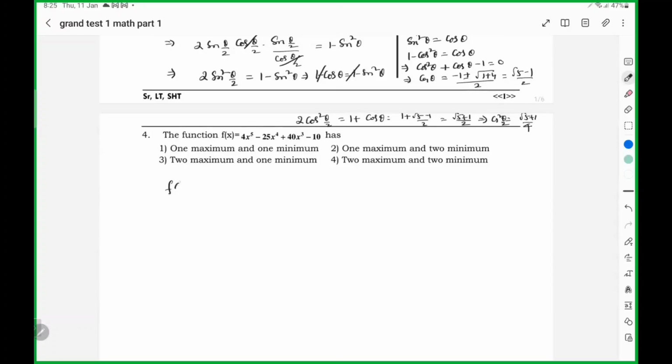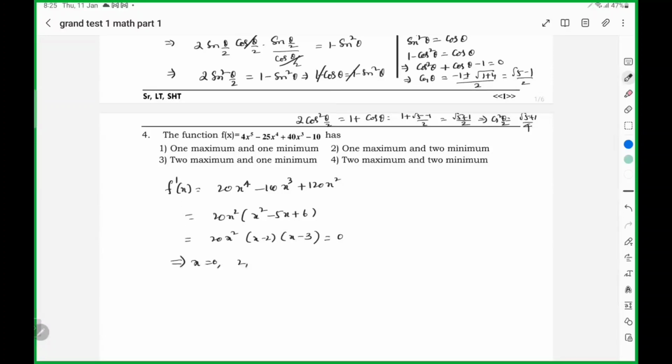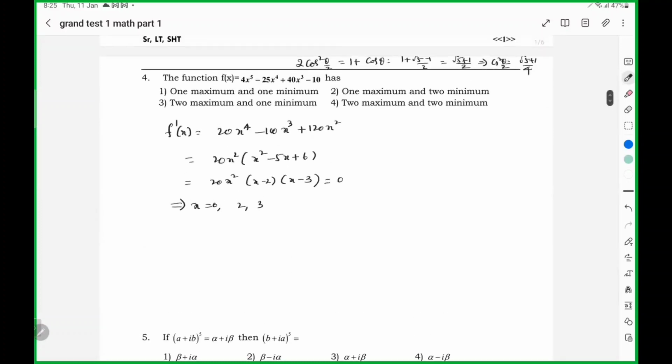Here it's a fifth degree equation. For examining maxima and minima, we have to differentiate. So if you take 20x square common, and equate it to 0, we get 3 values.